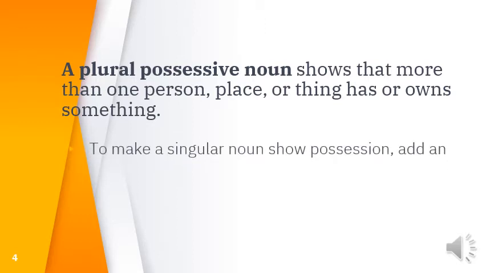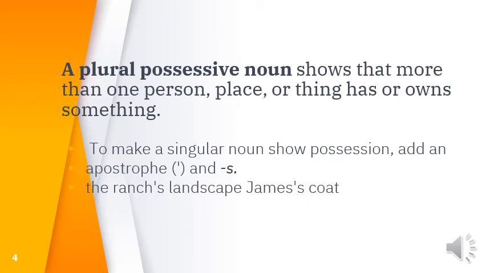Now how to form the singular possessive noun. What do I add? To make a singular noun show possession, add an apostrophe and an S. Like what? The ranch's landscape.